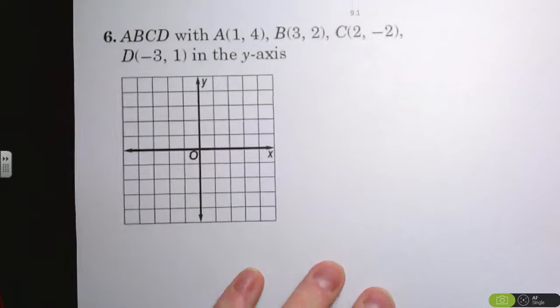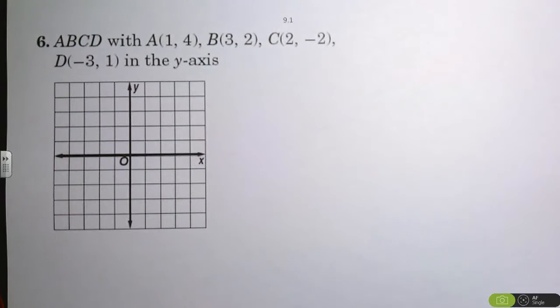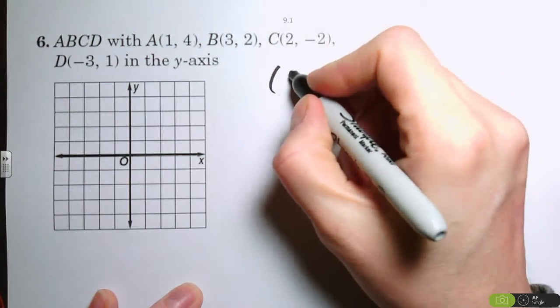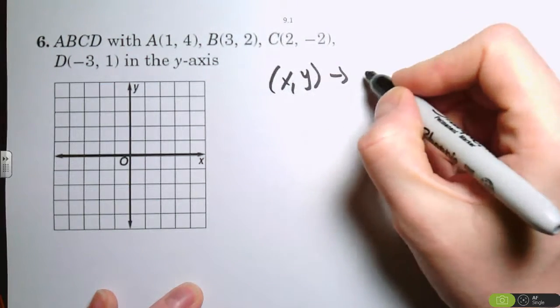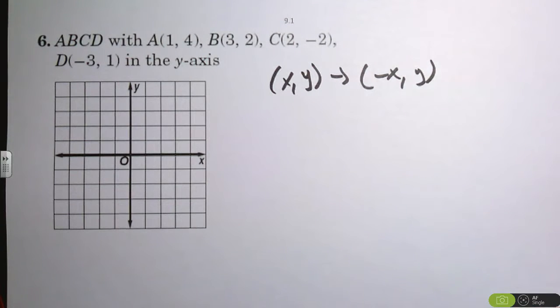Number 6 then, the next one I wanted to look at, we looked at in class, was ABCD, in the y-axis. Now the formula for y-axis reflection is (x, y) becomes (-x, y). Okay.